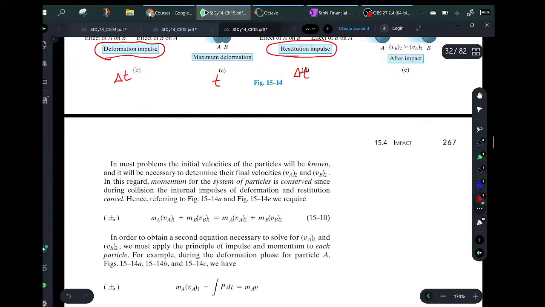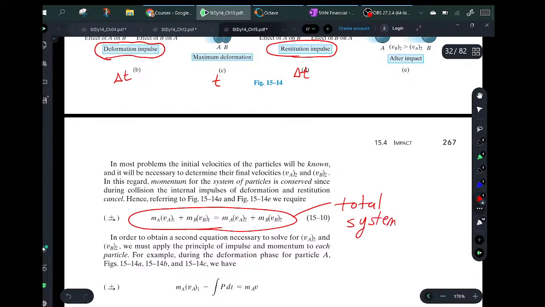Now, what he's done is he started with the total system, meaning A and B together. Notice there's no external force. In other words, there's no F dt here.